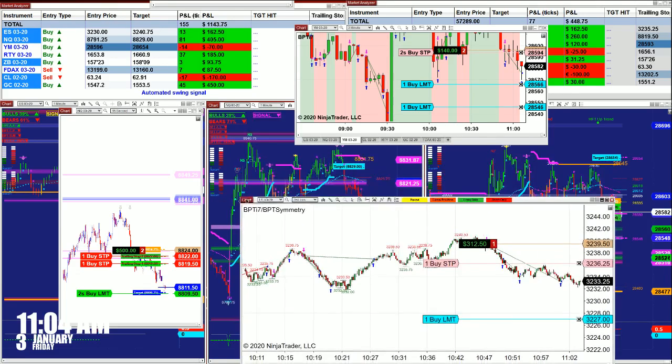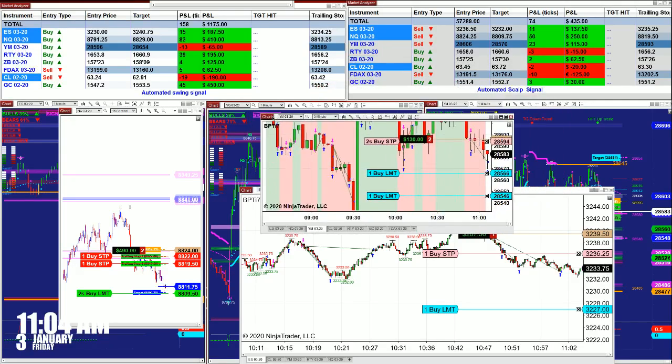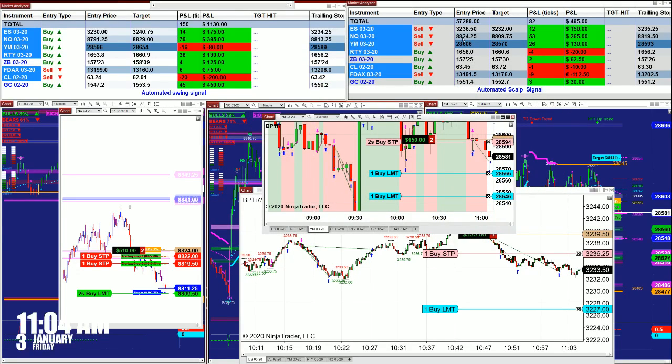But here's the thing, guys. If you catch one of the trends here on the scalper, if we look here, this is based on the scalper sell at 88.24.25 on the right upper corner of the chart. Target 88.09.75. Right now we have 50 ticks into the scalping.